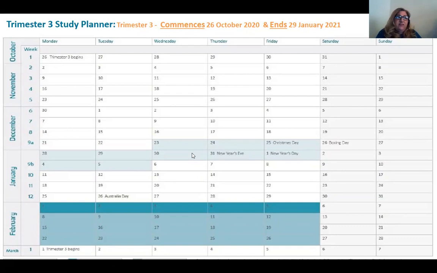Because there are different classes offered at different times, when you enroll, you can choose the time that suits you. So for accounting, for example, there'll be 5 classes offered. So it's 5 classes times 4, it's 20 hours of accounting offered in 1 week. Then you will choose the times that will suit you.